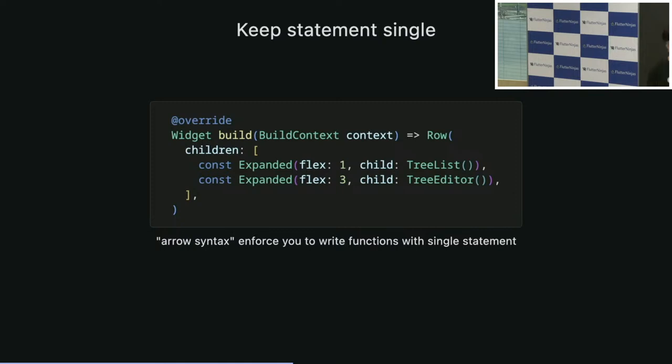The point is using the arrow syntax in every build method. Arrow syntax is this one. It always enforces us to keep the method or function in a single expression. So the first rule to keep our build method declarative is to always use the arrow syntax.